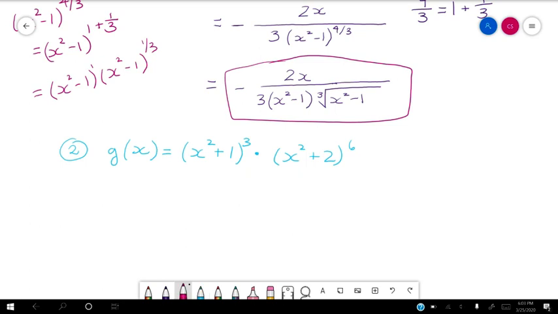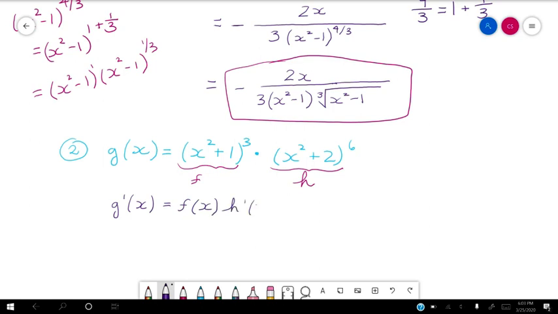So what we have to do before that is we have to use our product rule. So we can call this f, oh, g's already taken, so I'll use h for that. And now the derivative of g of x, we're going to use our product rule first.